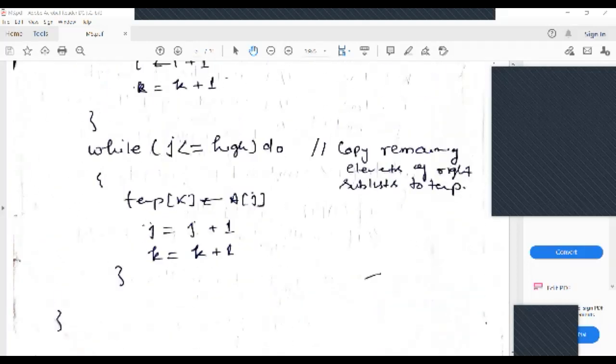Okay, ठीक है, and this is the way how you will implement this algorithm.